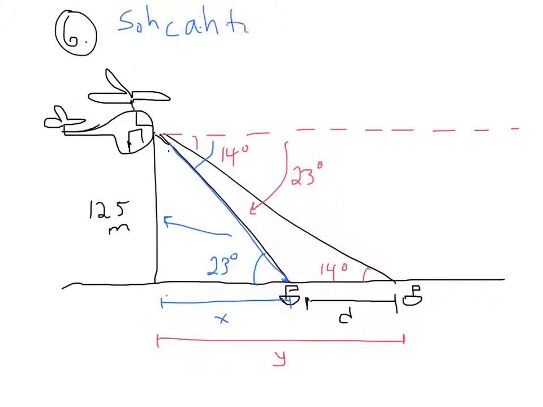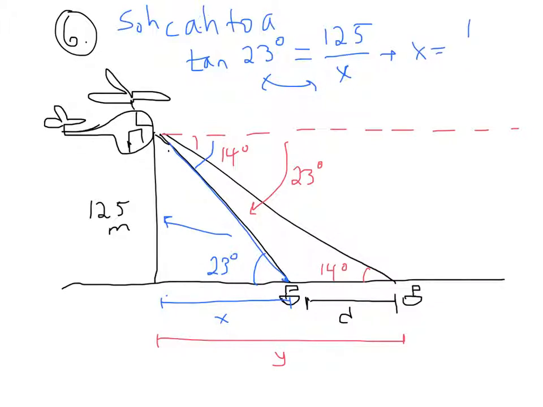Tangent of 23 degrees equals opposite over adjacent, 125 over X. And then what we learned is that you can interchange the tangent and the X, and so in this case we arrive at X equal to 125 divided by the tangent of 23 degrees.